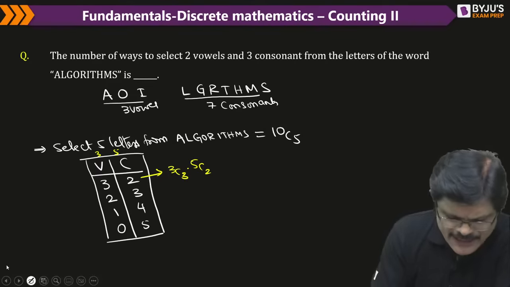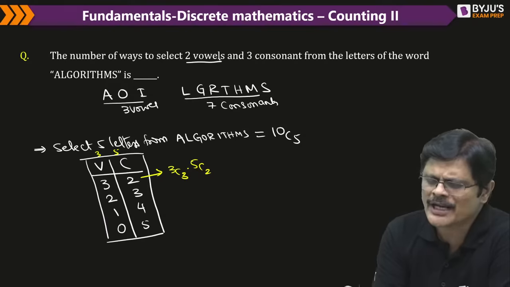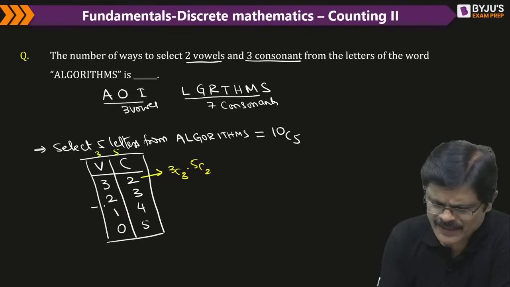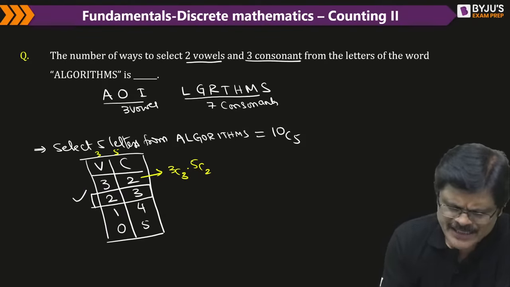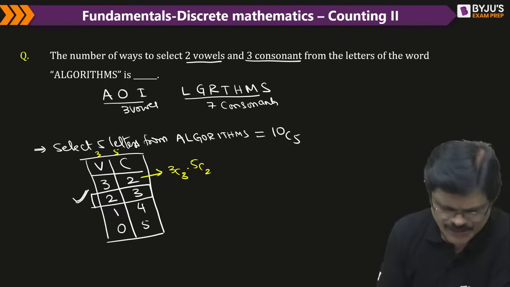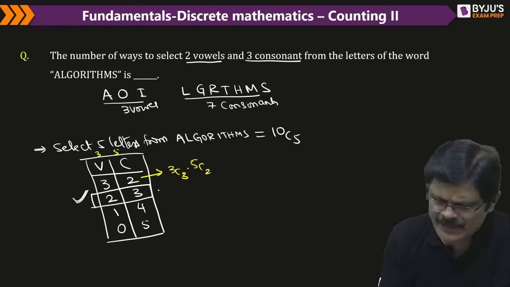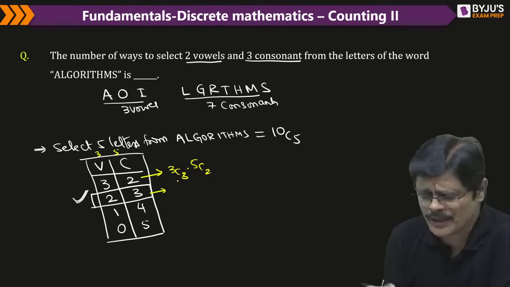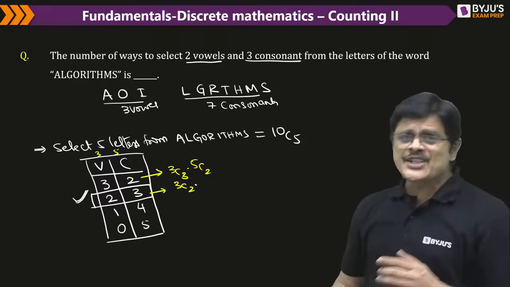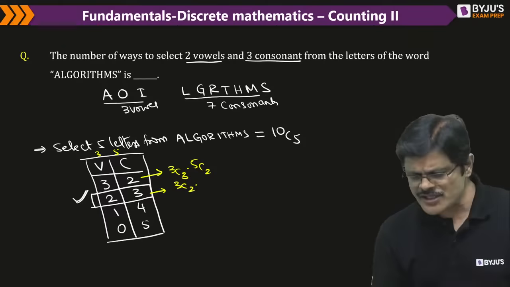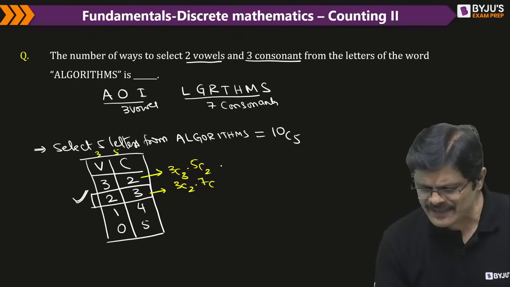Actually, if you see this problem, he wants you to select 2 vowels and 3 consonants. That is the situation he asked, only this situation. How can it be done? 2 vowels and 3 consonants can be selected in 3C2 ways. For each of these selections, 3 consonants can be selected in 7C3 ways.